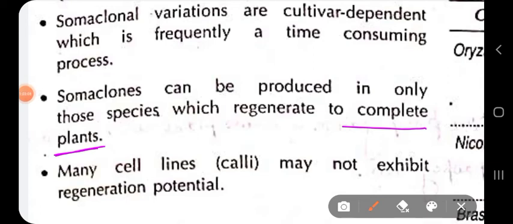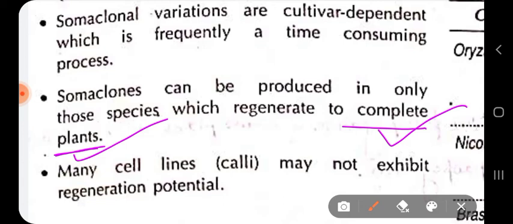For example, you can grow apple plants in your garden also, but have you noticed that that type of apple plant cannot grow into fruit? That is not a complete plant. A complete plant means one which is able to produce its progeny, as well as grow to the normal height that it normally reaches.